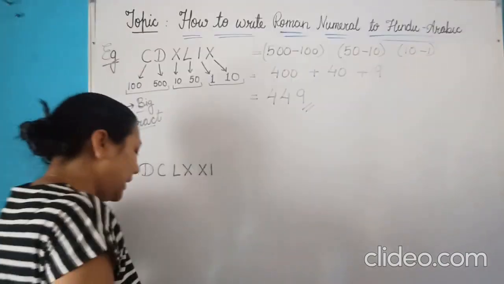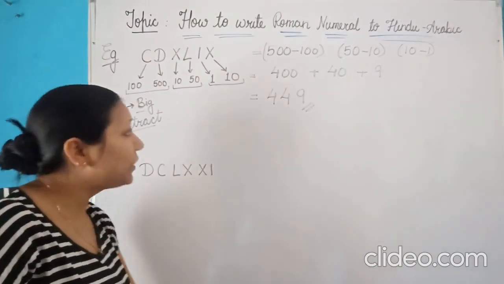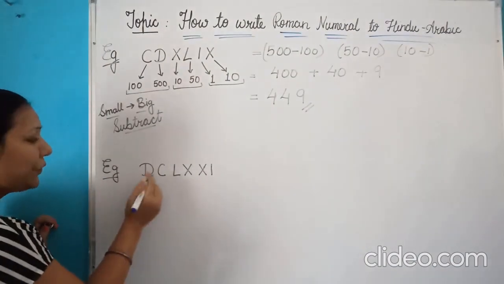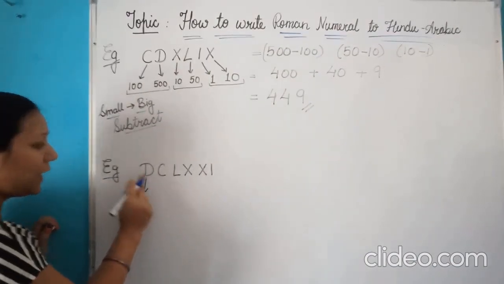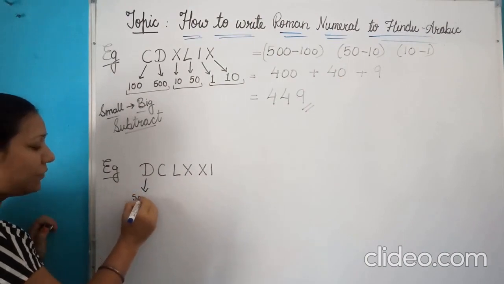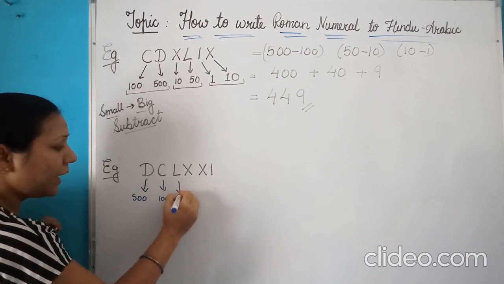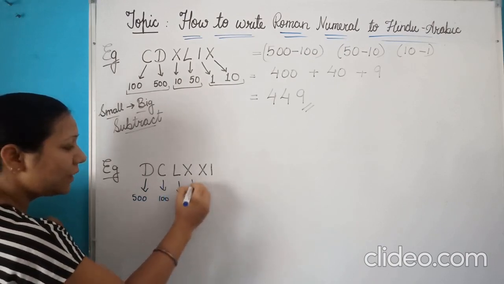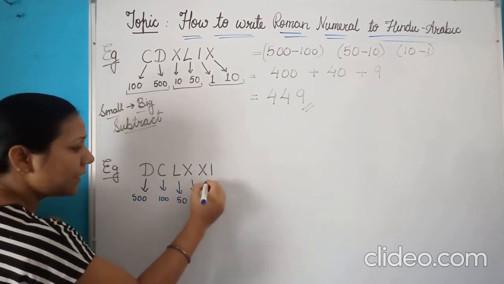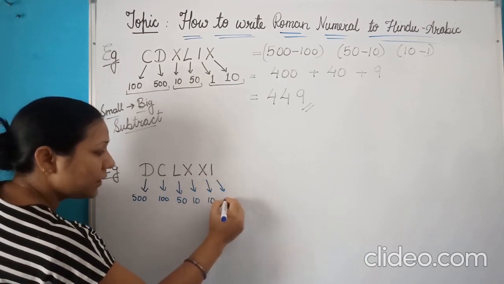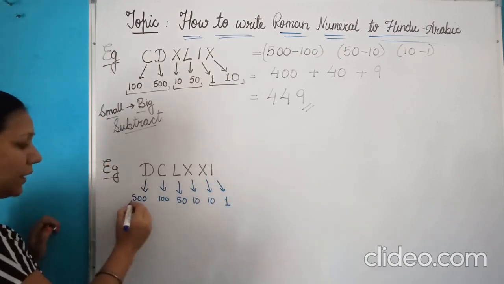Now taking the second one, in which I have just reversed the digits to tell you the second way. Here once again, D represents 500, C represents 100, L represents 50, X represents 10, again an X represents 10, and I represents 1.